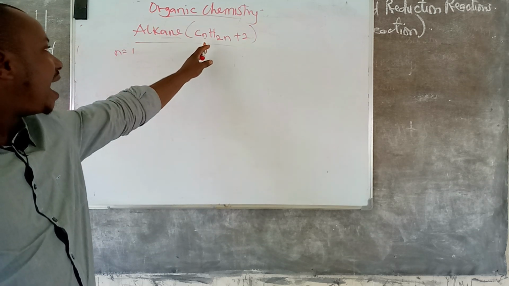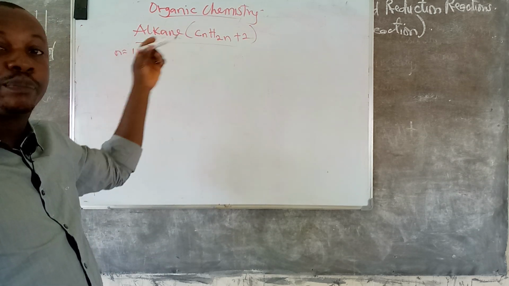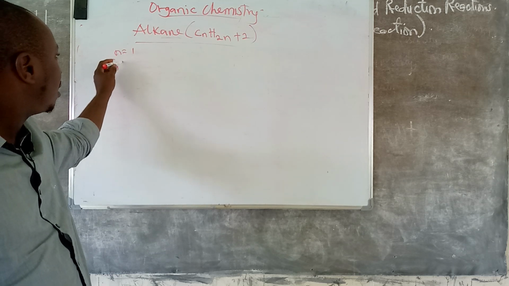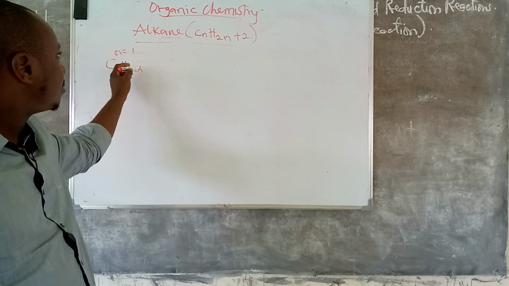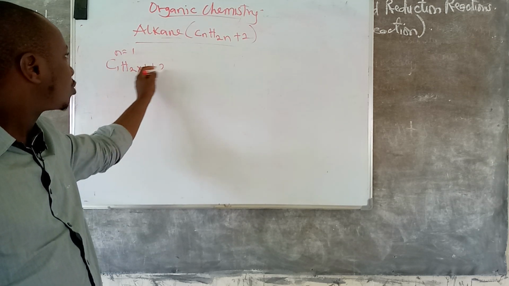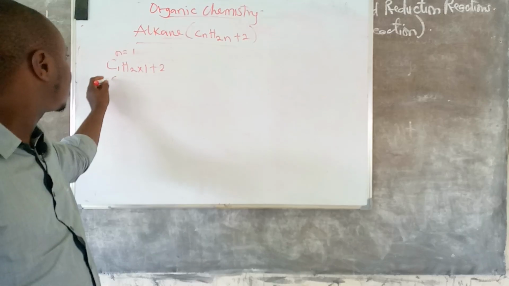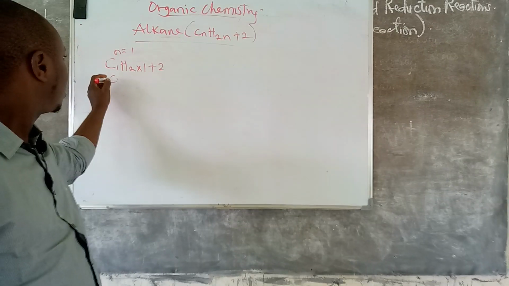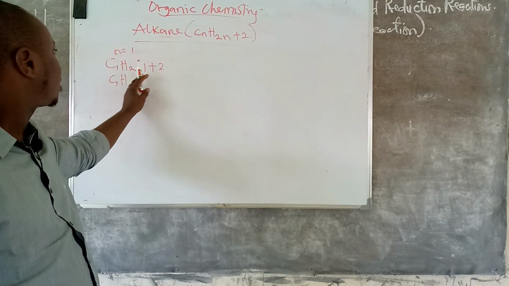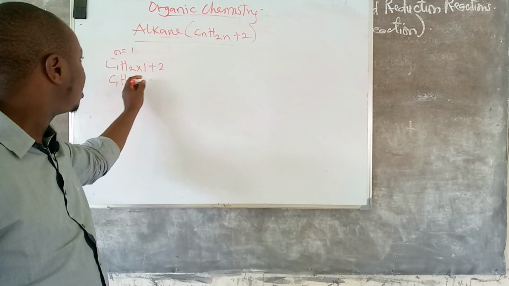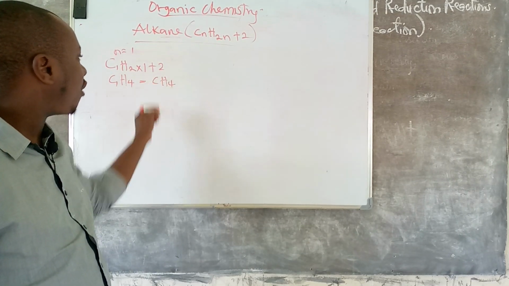So anywhere we see n in the formula, we put 1. This becomes C1 H2 times 1 plus 2. Don't forget, anywhere you see n, you put 1. This becomes C1 H, 2 times 1 is 2, plus 2 is 4, which means it is CH4.